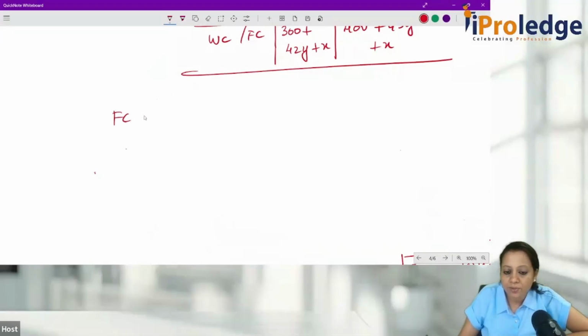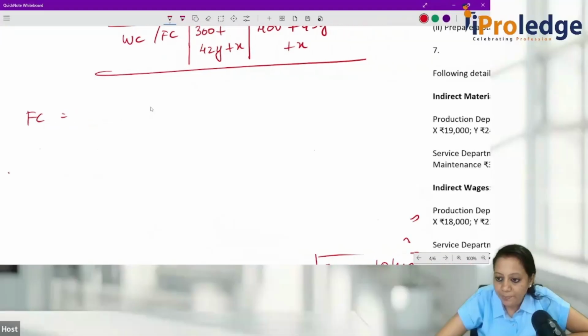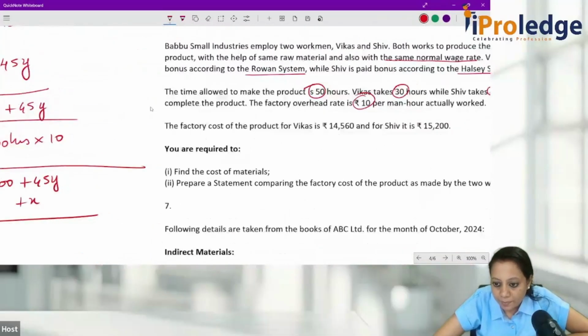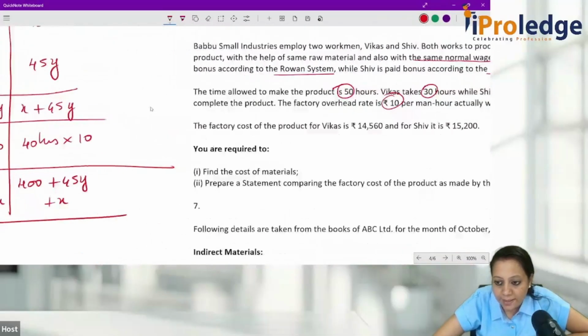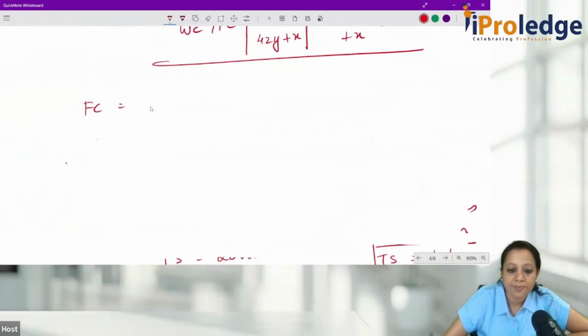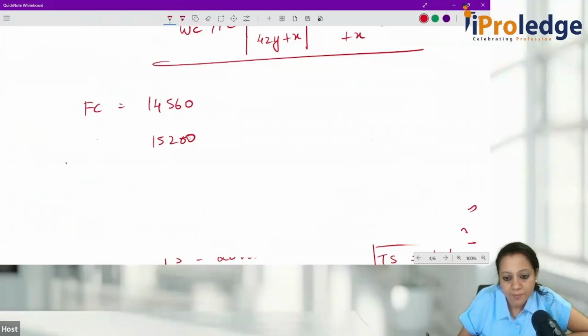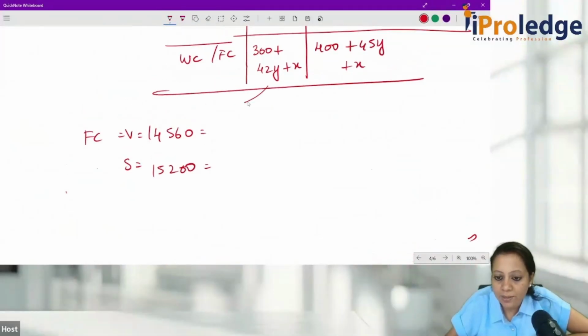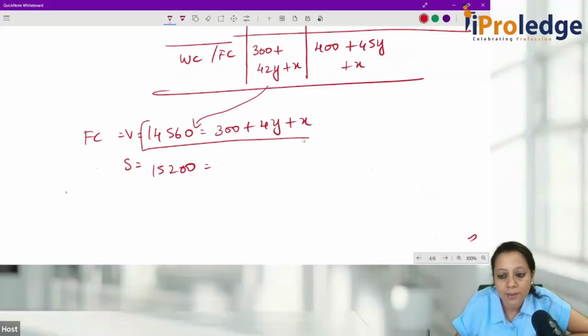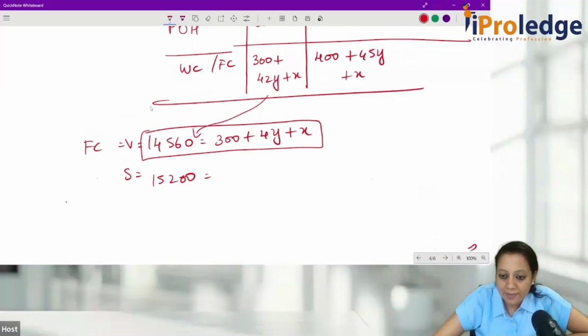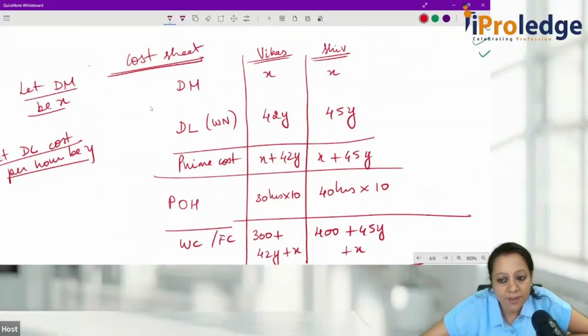What is the factory cost for Vikas, for the first one, ma'am? Vikas is 14,560 and 15,200 for Shiv. So can I say that equation, this is equal to Vikas only, 300 plus 42Y plus X. The first column is for Vikas.